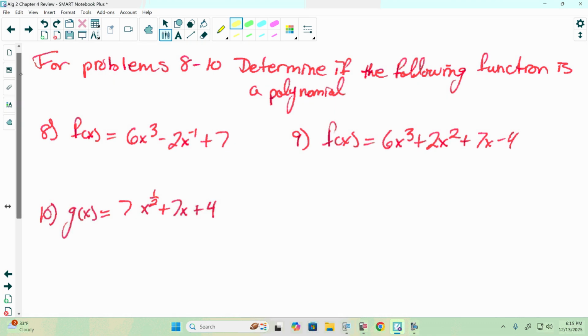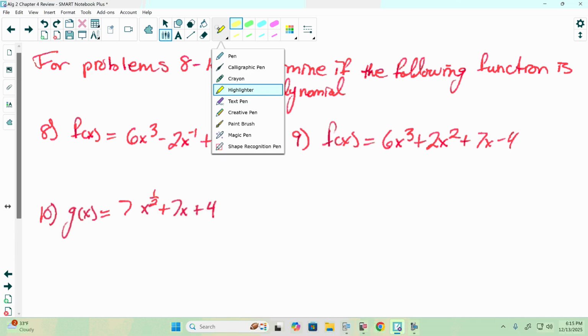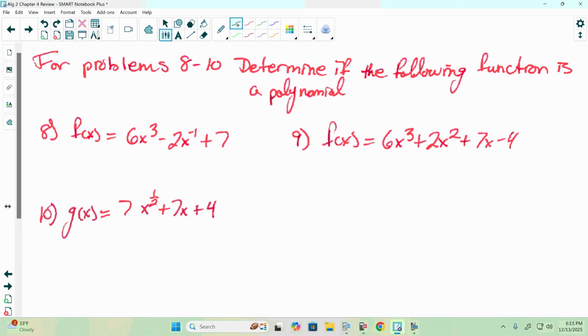Now that does bring us through to problems 8 through 10. Determine if the following function is a polynomial function. If it is, we say yes.